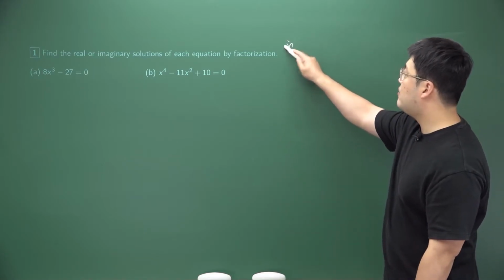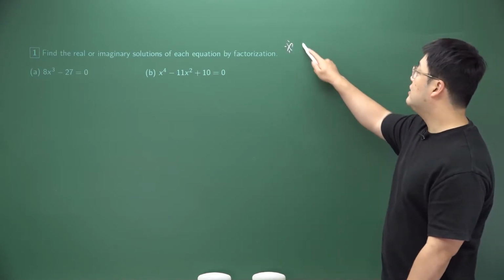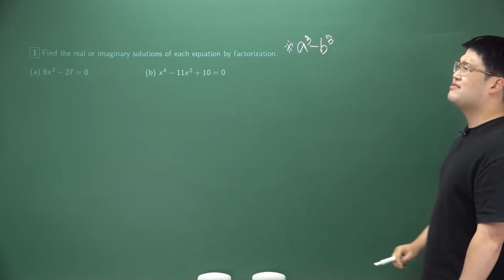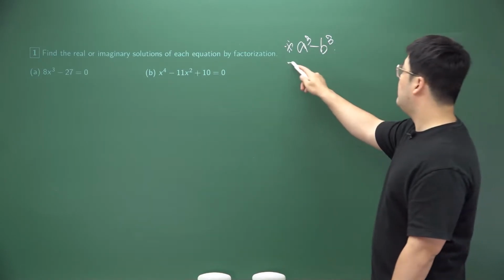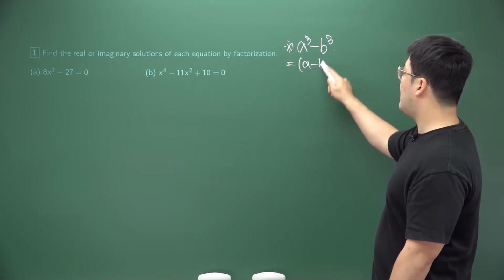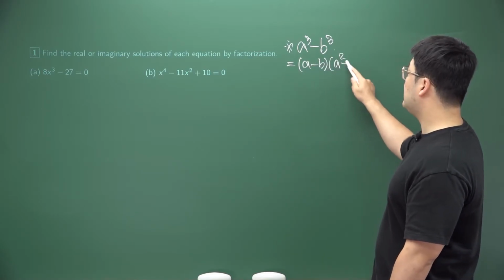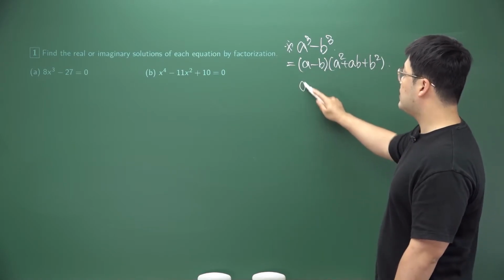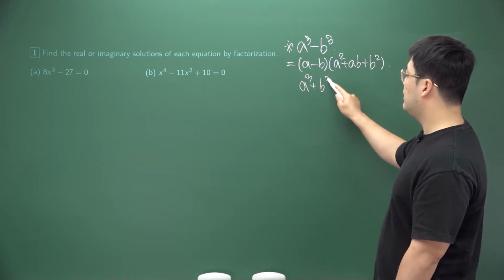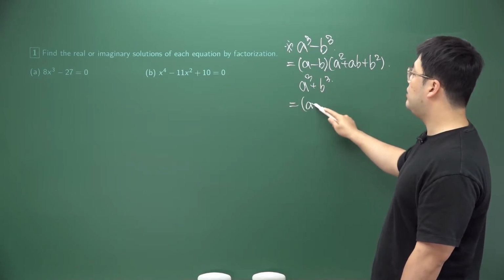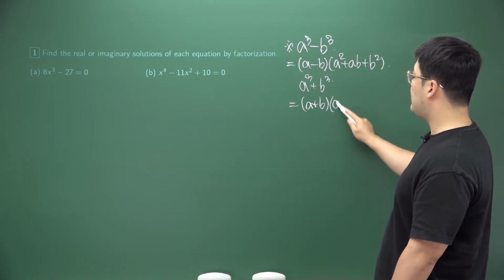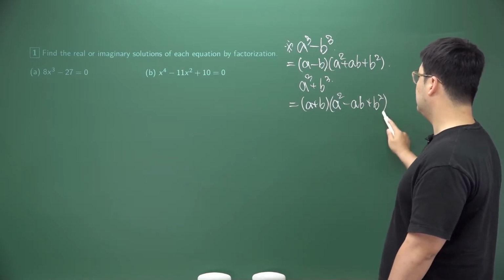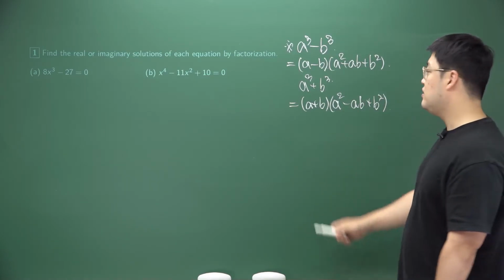You can write it down as a cubed minus b cubed equals a minus b times a squared plus ab plus b squared. And of course, a cubed plus b cubed can also turn into a plus b times a squared minus ab plus b squared.